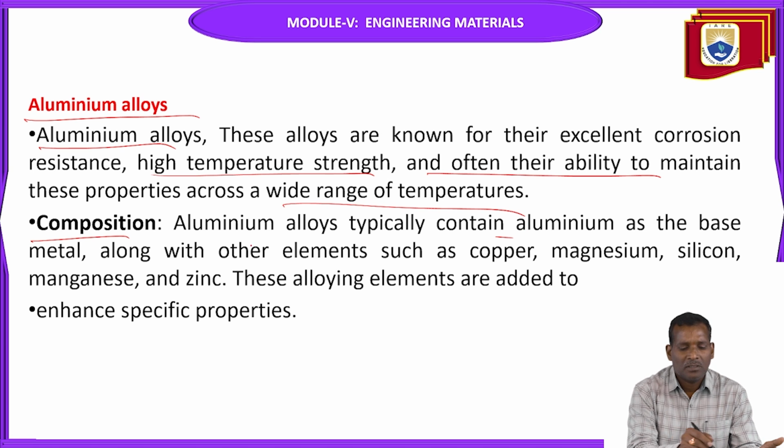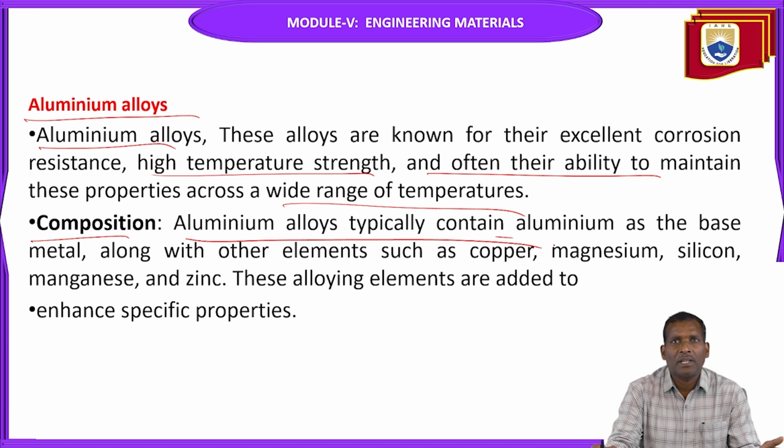Aluminum alloys typically contain aluminum as the base metal. In any alloy, one base metal is there, and additionally other materials are added to enhance the properties. Then only will we get more strength and other resistance properties.